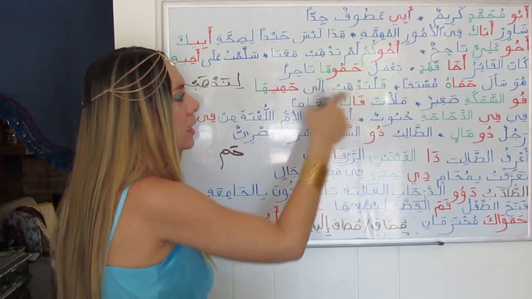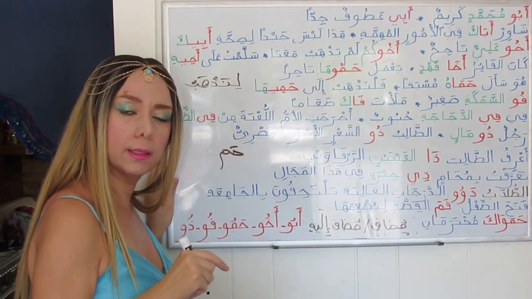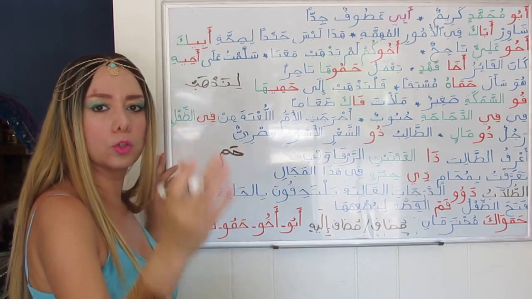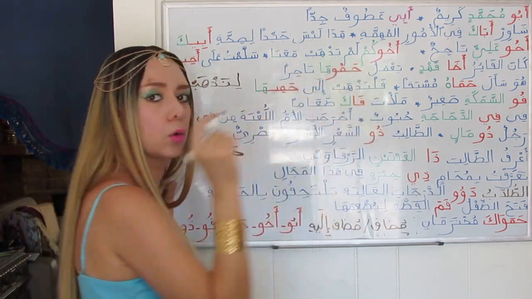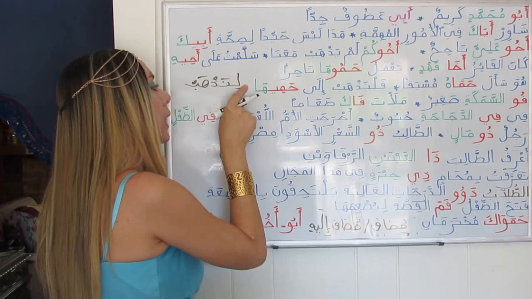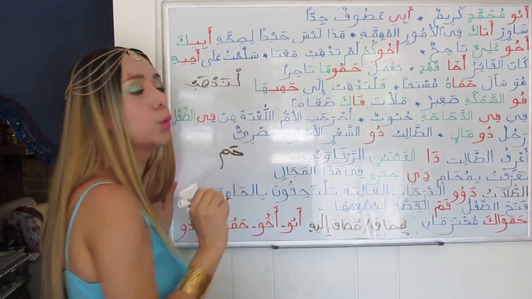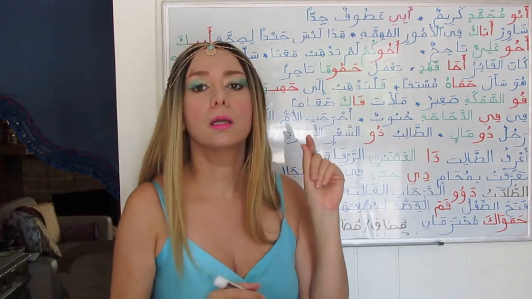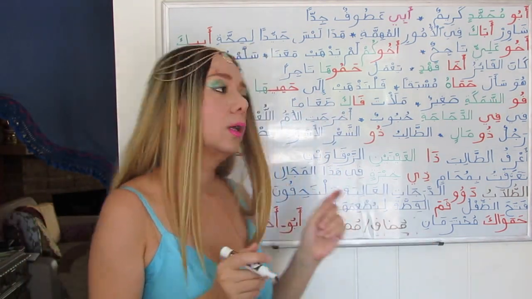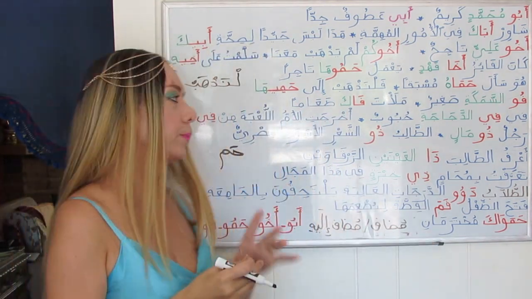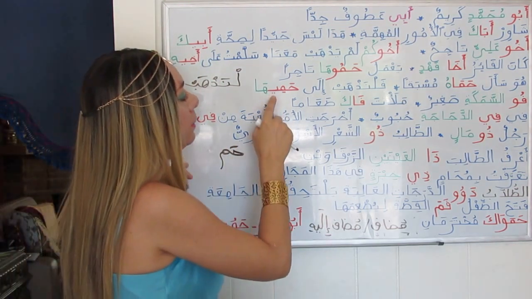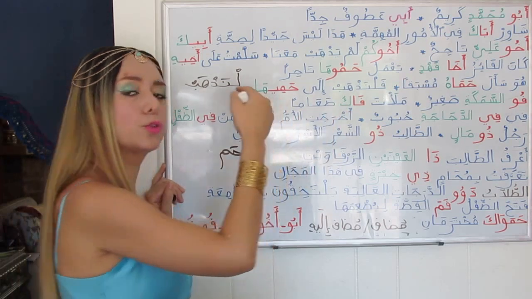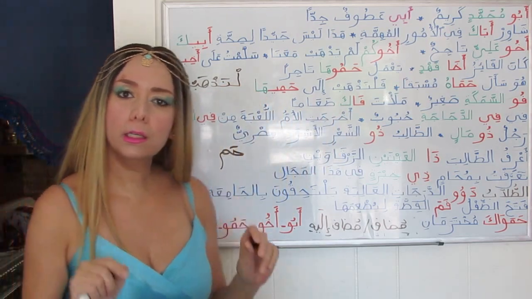So when this lam of command, lam al-amr, is preceded by a conjunction or a letter or whatever, we have to replace the kasra with a sukun. And you say فلنذهب. فلنذهب means then let's go. لنذهب, let's go. Alright? إلى حميها.